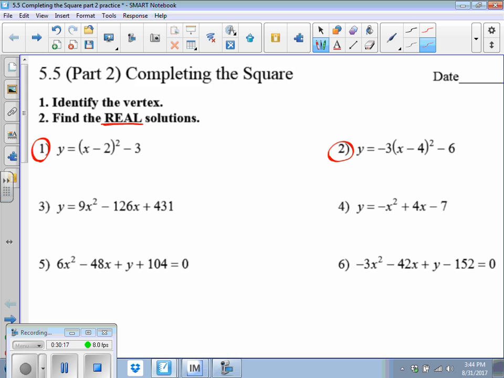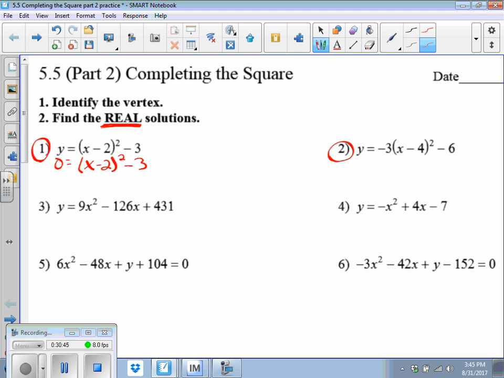Find the real solutions. Meaning, when you get down to the part where you have to take the square root of both sides, now remember, just find the solution. You're going to let y equal 0 and solve for x. When you get to the part where you have to take the square root of both sides, if the other side is a negative number, that means the square root of a negative number is imaginary.